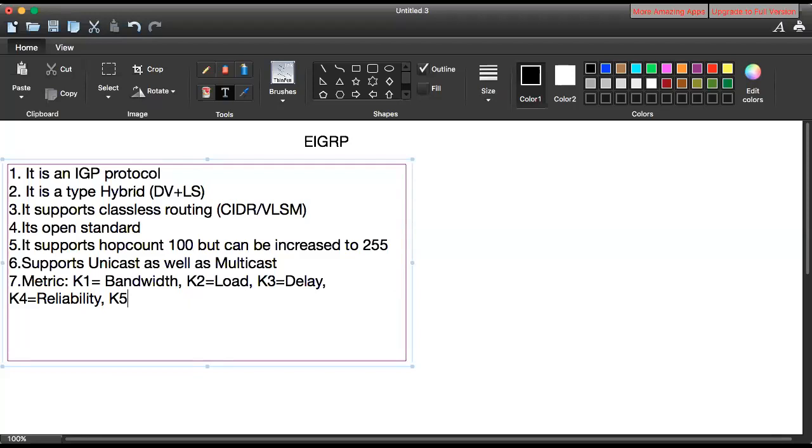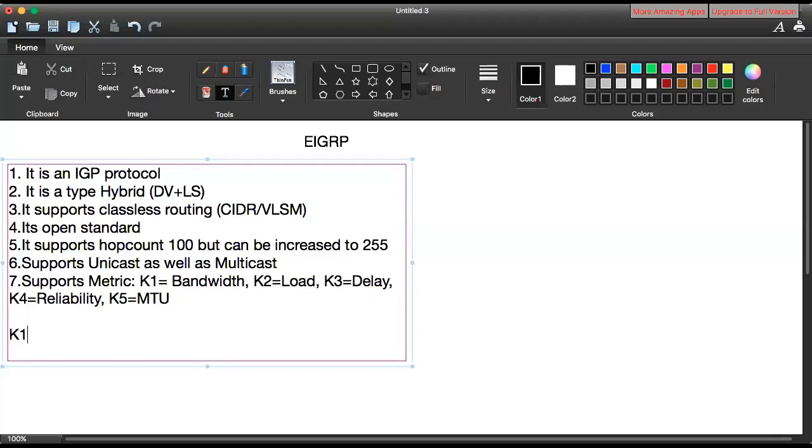And K5 is MTU. That's it. So just remember, these are the 5 metrics that EIGRP supports: K1, K2, K3, K4, K5. Out of which, which ones are used?